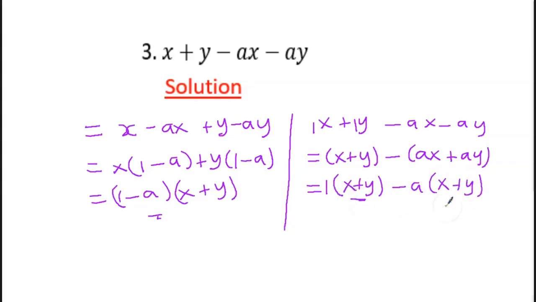So you have x plus y here, another x plus y. So you do refactorization. x plus y in one bracket, and to be left with 1 minus a. So whichever way you do it, you still get the same answer. You have done well. Let's go to the next question.